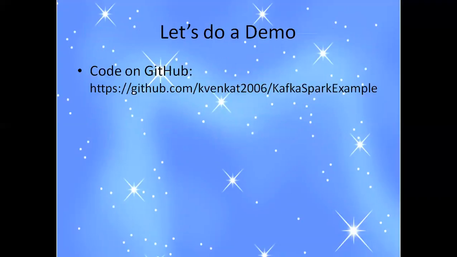And I have this code on GitHub. I'll post this PDF also on the website. I'll let you know, so you don't have to note it down now. So this is a project you can take, run your code, and during the next sessions, if somebody has interest, we can improve on this.